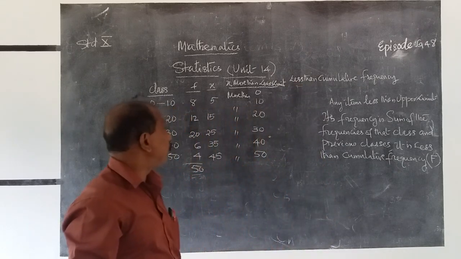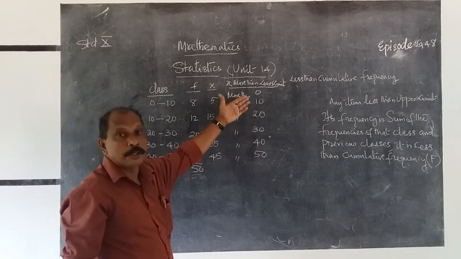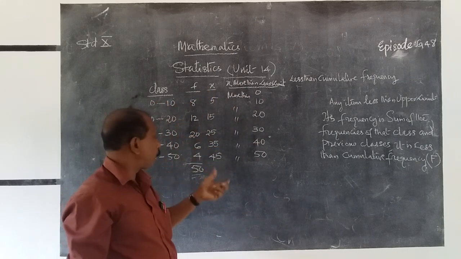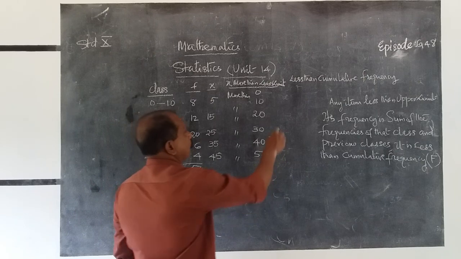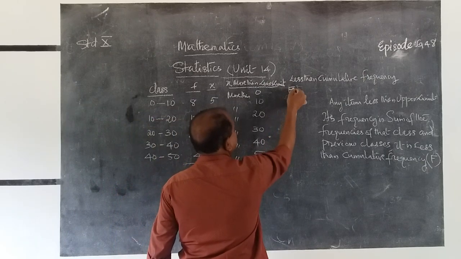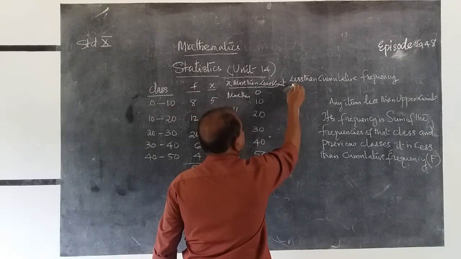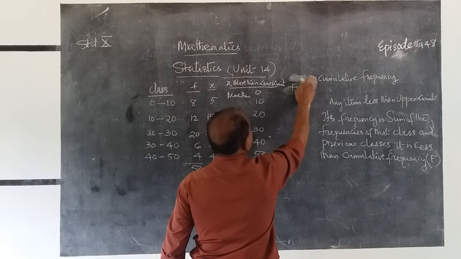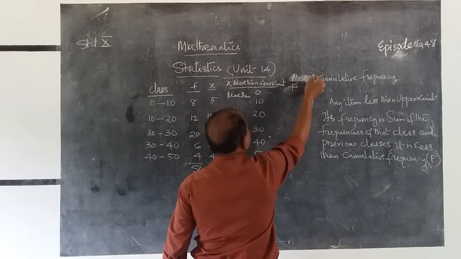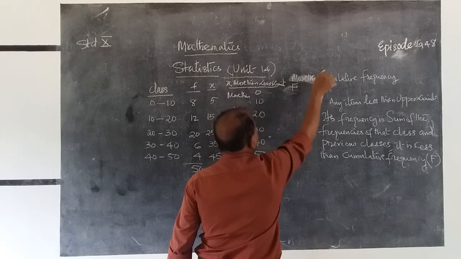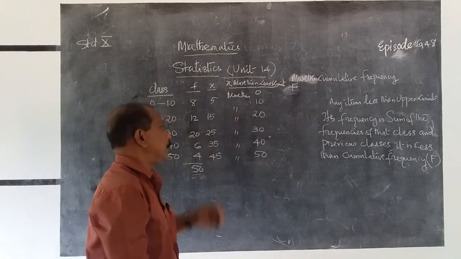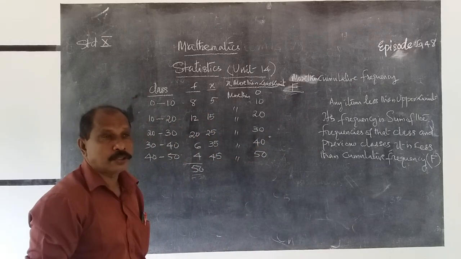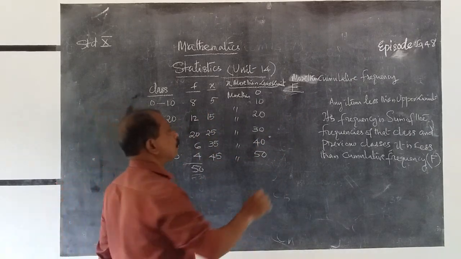More than 0 means what? Total. More than 0 means 0 to 50. That is total. Therefore, it is 50. Therefore, its frequency is not less than, it is more than cumulative frequency. For all the items greater than 0, that is total 50.